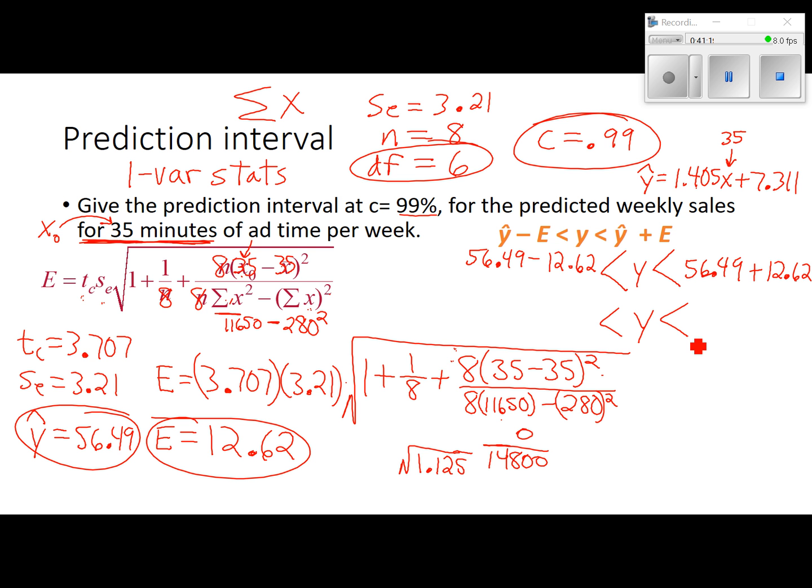So we've got 56.49 plus 12.62, that's 69.11. And then on the other side, 56.49 minus, or I did it wrong. I did it backwards. This should be 69.11. And then on the other side, where we're minusing 12.62, that's 43.87.